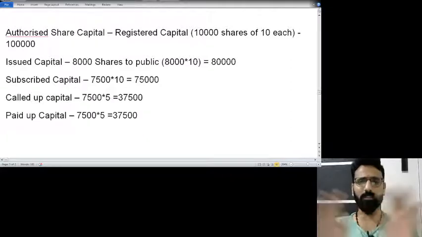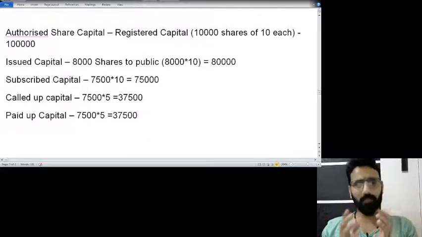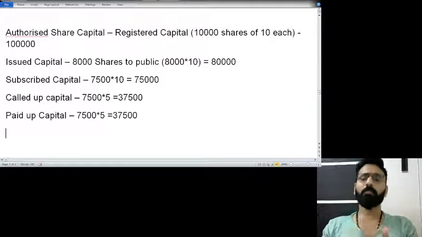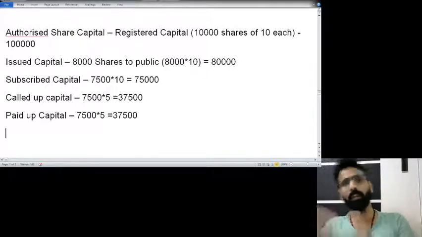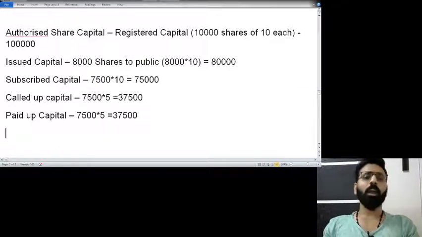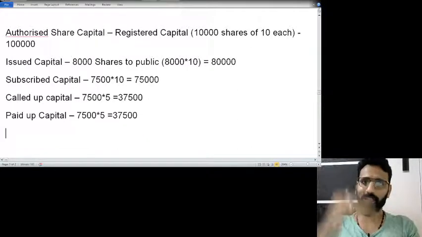Now this is the way we need to understand what is capital. Capital means equity here and share means a part of total capital, and they are denominated in 10, 20, 30, 40, normally multiples of 10 rupees. And we have breakup of this capital, and the hierarchy is authorized.